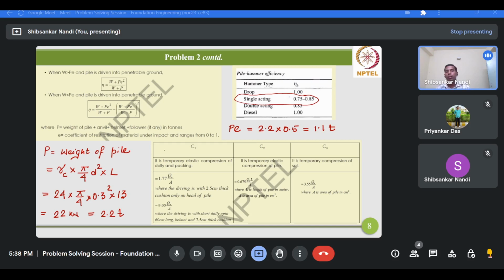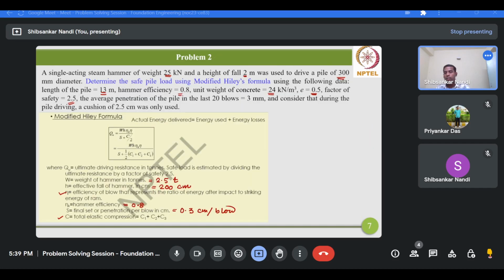Now if you compare W and PE, obviously W will be greater than PE. The weight of hammer is 2.5 ton, whereas this product PE is 1.1 ton. So obviously the weight of hammer is greater than this product. So you have to use this equation to calculate the efficiency of blow, eta.